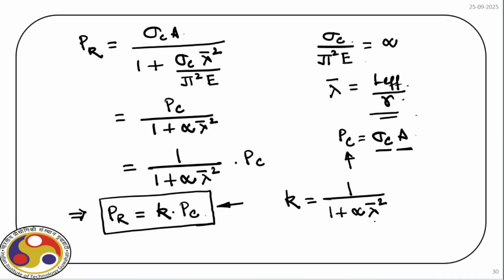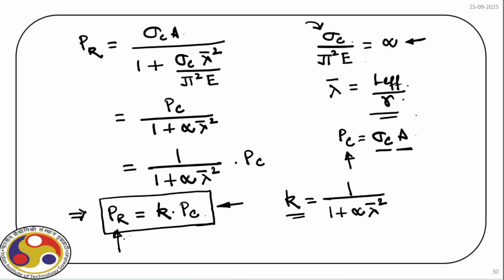So from the geometry, we can find out lambda bar, that is the slenderness ratio of the column. And then we can also find out this alpha. It depends on the material property, you see sigma c and the Young's modulus of the material. So we can easily find out the alpha, and we can find out this kappa parameter, and if you multiply that non-dimensional parameter kappa with Pc, we get the Rankine's buckling load.